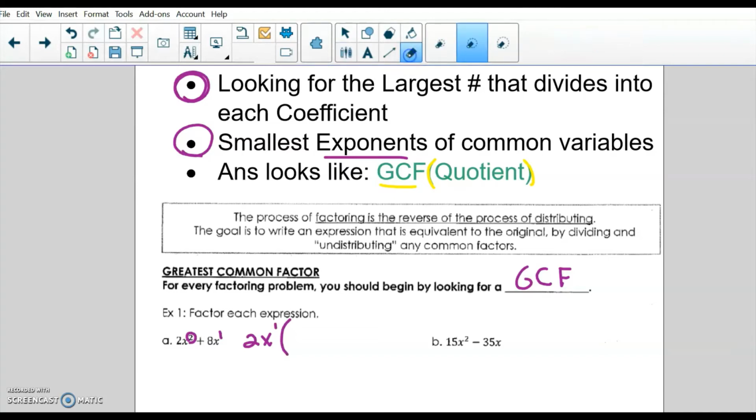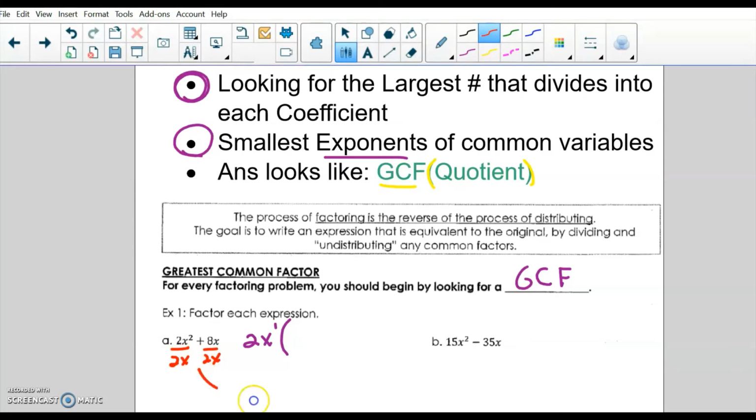All right, let me clean this up just a little bit. And now we do a quotient. Now, I said that we're doing division. So we're going to create a quotient by dividing by the greatest common factor. And that answer goes in here and becomes what's inside the parentheses. So we divide. 2 divided by 2, that is 1. x squared divided by x.